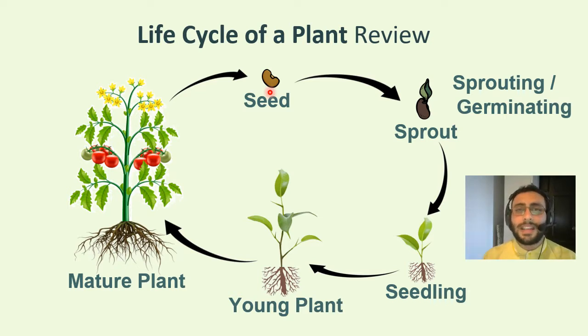Now, when the seed is in perfect condition in the soil, let's say it has water, the soil is good, and it's not too cold, the seed starts to germinate or sprout. We call this sprouting or germinating. The seed will have a little green thing coming out of it.